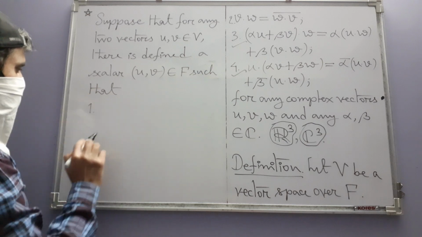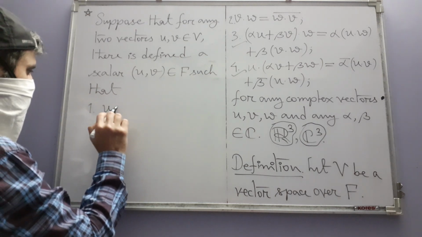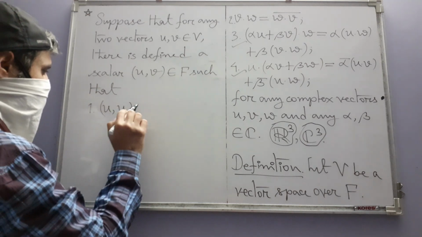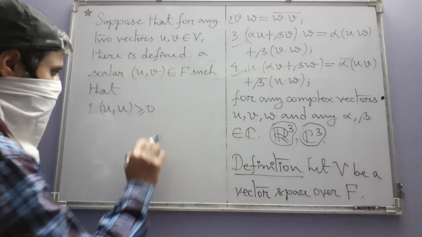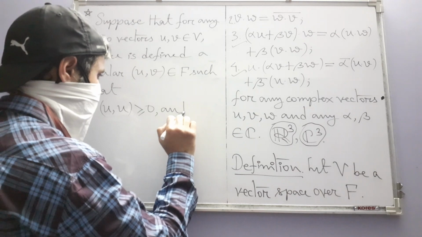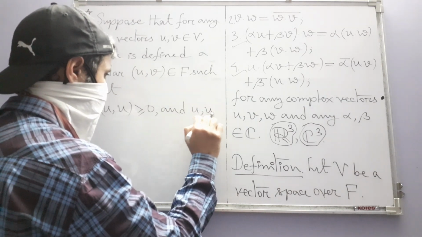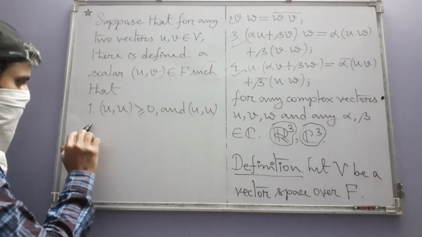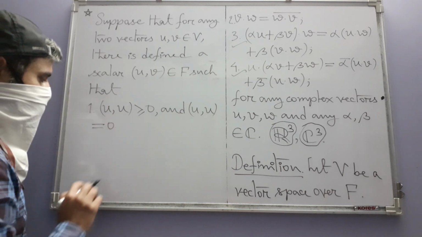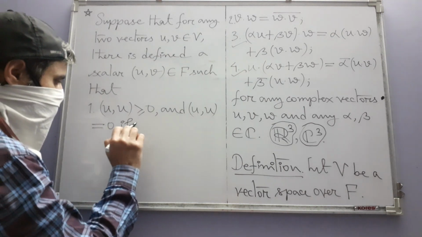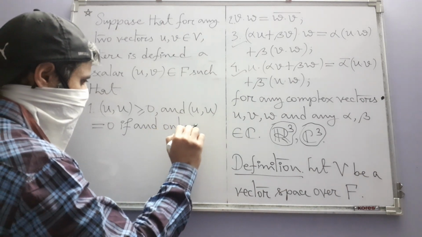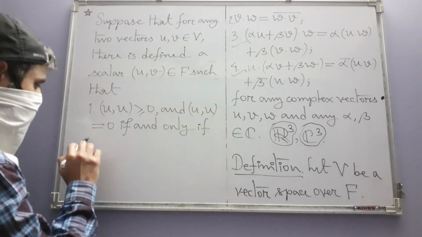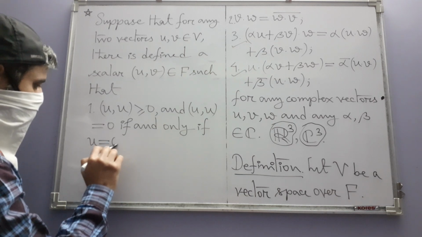Number one, the inner product of u with u is a non-negative real number, and this is equal to 0 if and only if u is equal to 0.